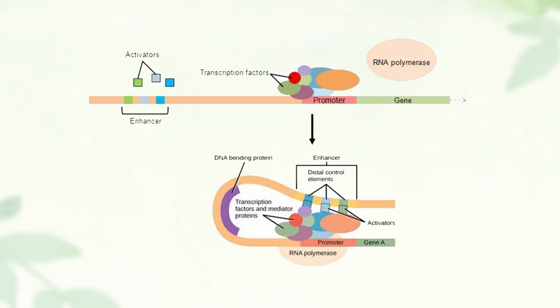Now, gene expression regulation. In gene expression regulation, some factors are there. So, transcription factors are proteins that bind to specific DNA sequences, that is cis regulatory elements in the promoter regions of the gene. They can act as activators or repressors, enhancing or inhibiting the transcription of the associated gene.